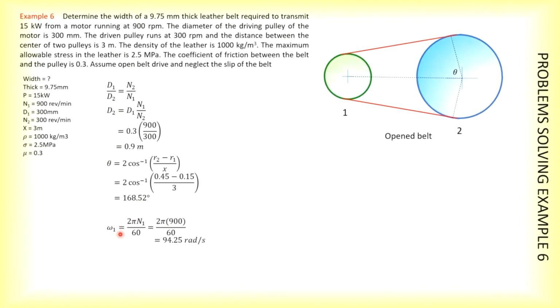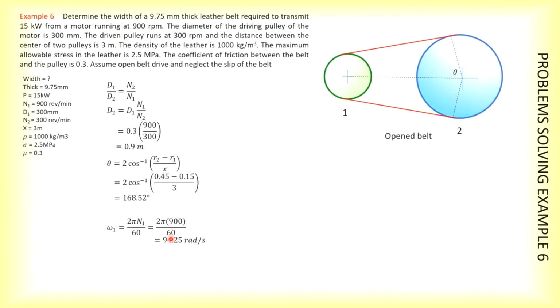The next one is, of course, the belt speed. We don't know the belt speed. To find the belt speed, the first thing is the angular speed, where n1 is 900, because you are looking at omega 1. If you are looking at omega 2, then it should be n2, 300. The values you get should not be the same. Only the tangential velocity is the same.